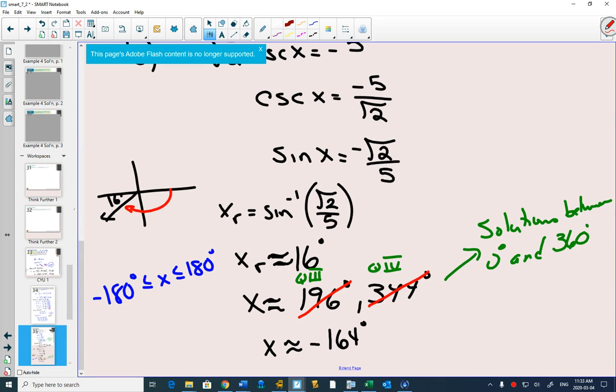I did 180 minus 16 to get 164 and put a negative sign in front of it. How about quadrant 4? Well, that's just going to be negative 16 degrees because that's my reference angle. Things are a lot easier to figure out if you think about your reference angles.